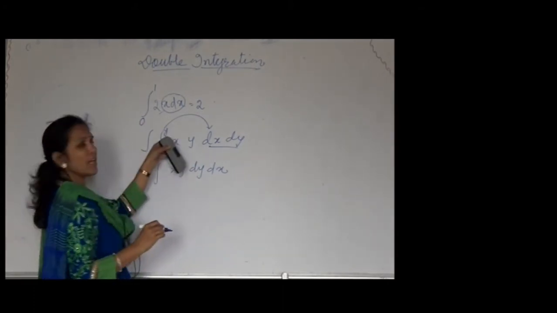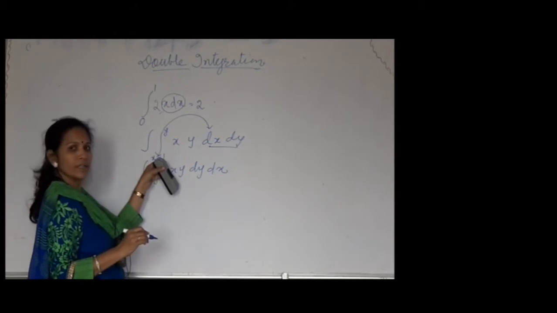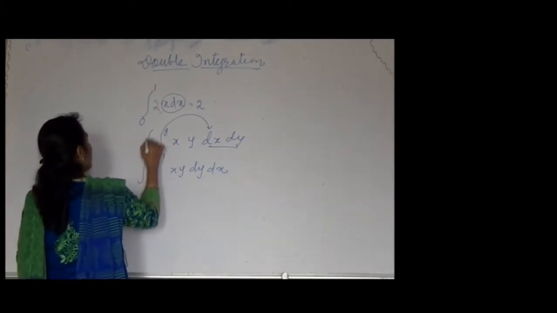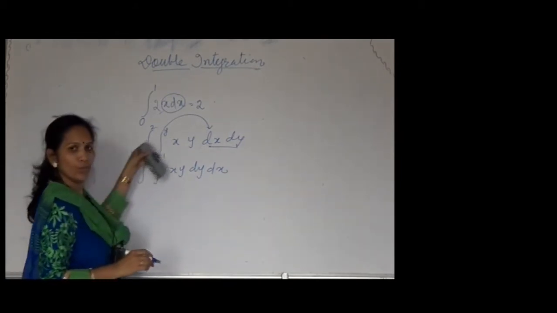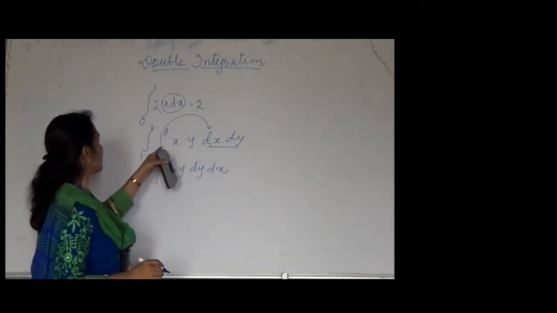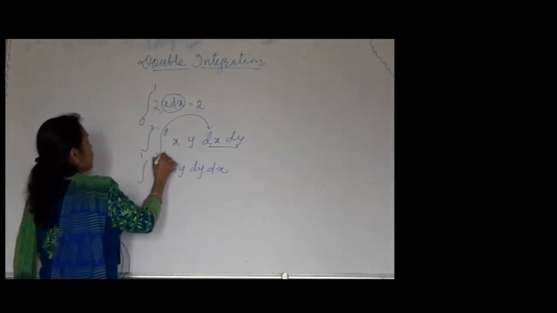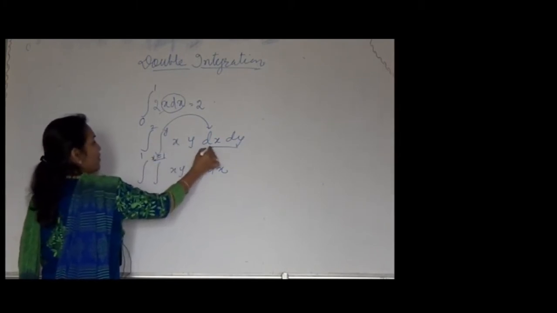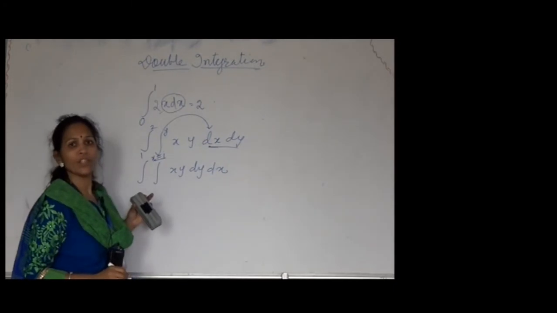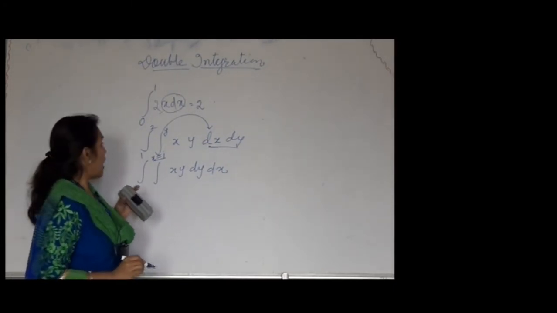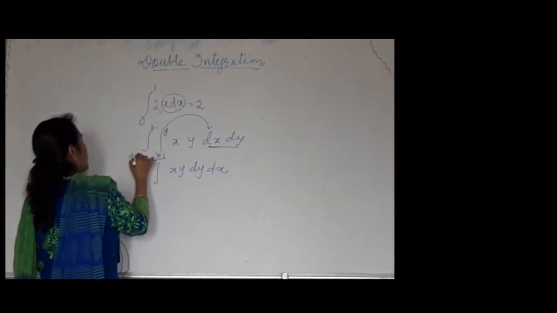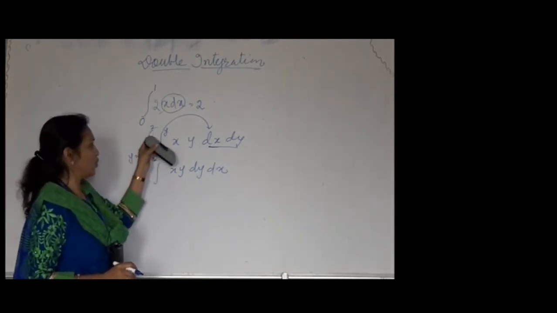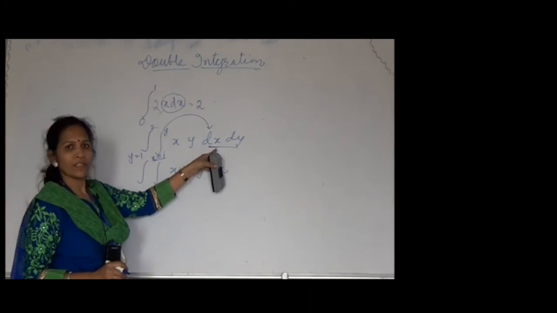If the limits are in y, then it is for x. Then obviously the outside limit is always a constant, that is 1 to 2. So inside limit is for x, there we first integrate the function with respect to x, and then obviously the outside limit is for y, y is equal to 1 to 2. Then it becomes dx dy.